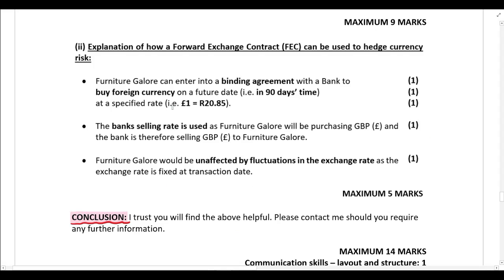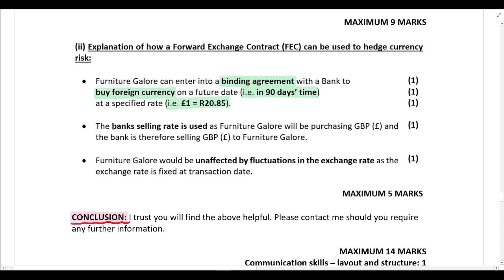So what is an FEC and how can they use it to hedge currency risk? Furniture Galore can enter into a binding agreement with their bank to buy foreign currency on a future date, in other words, in 90 days' time, at a specified rate of 20 rand and 85 cents.